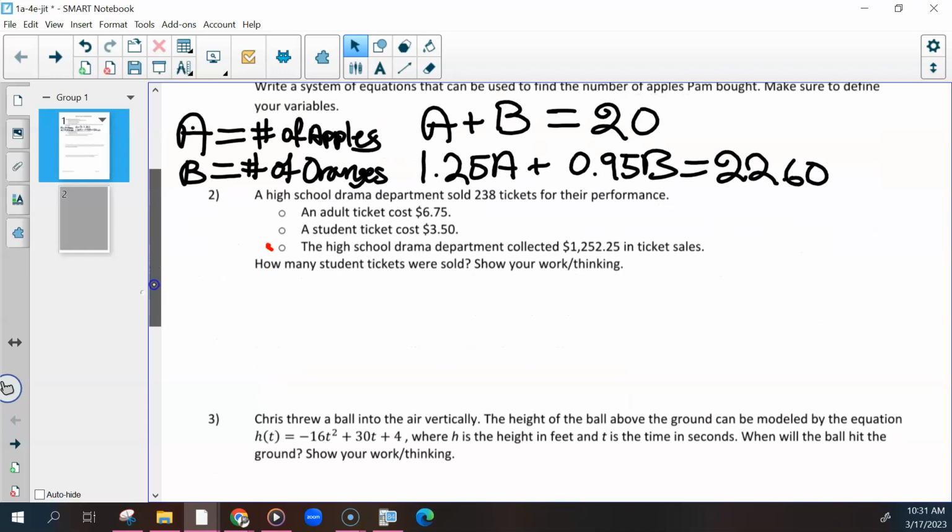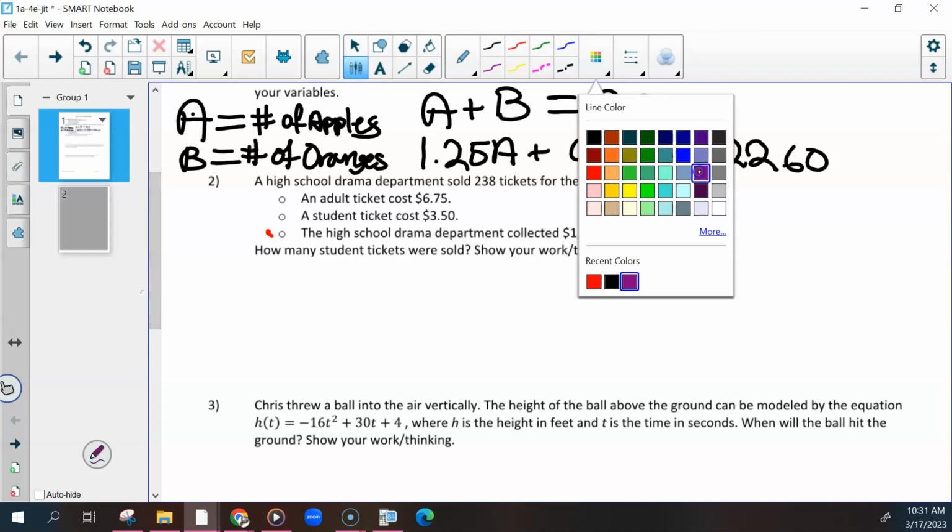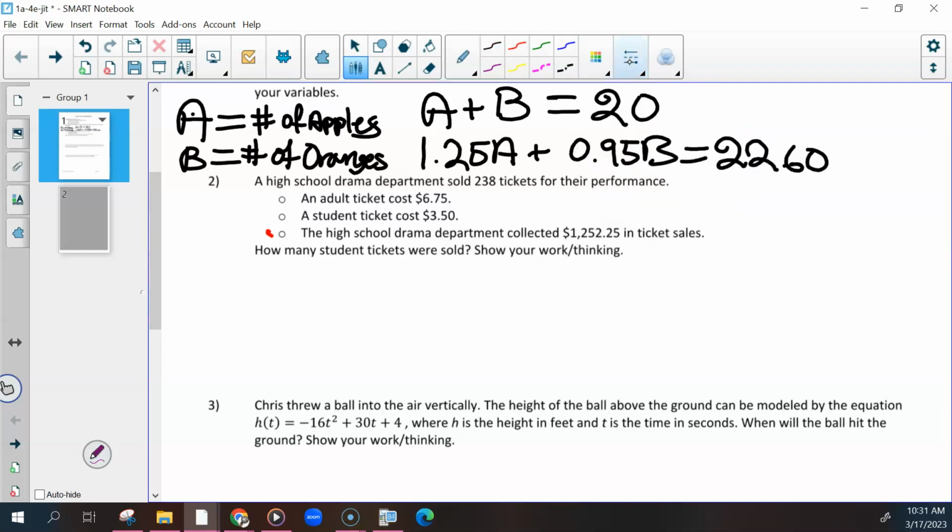The second one, you would also have to set up, but this one also asks you to solve. So whatever 2 variables you want, what did we use for variables? Okay, that works. And what did these represent?